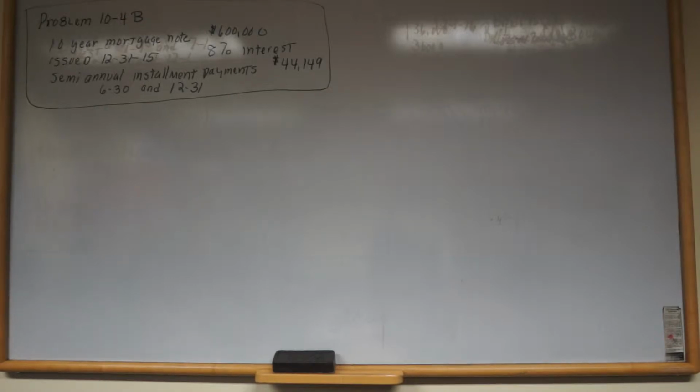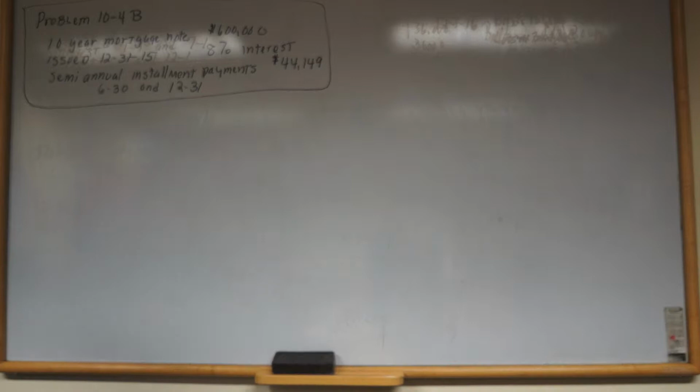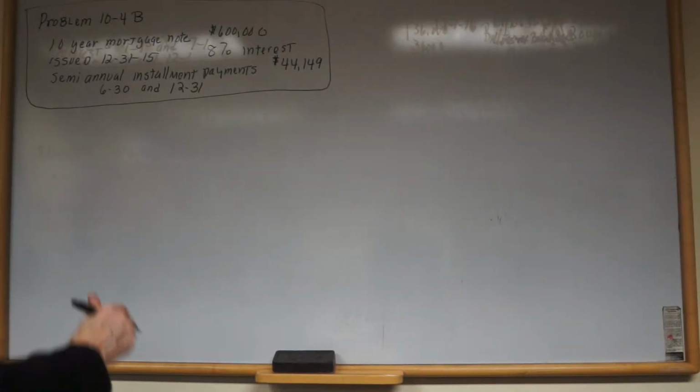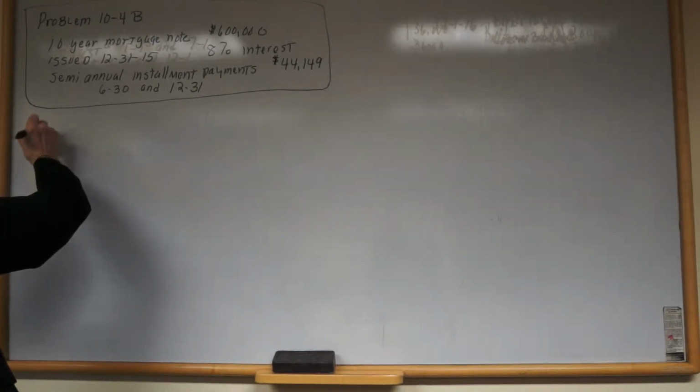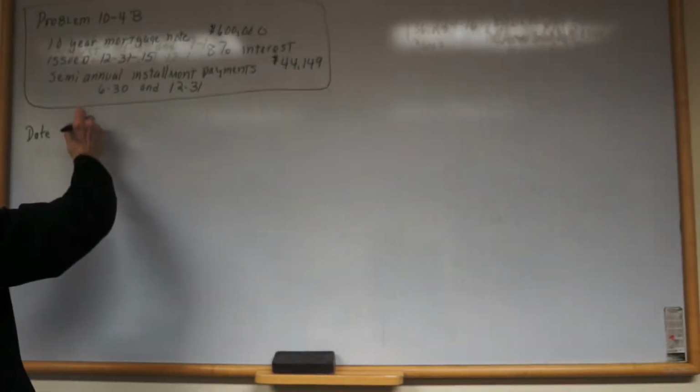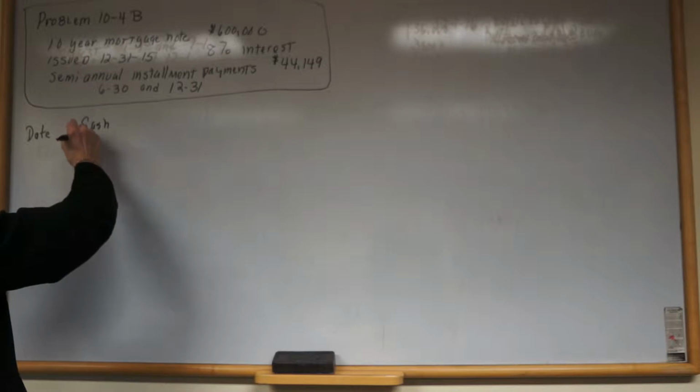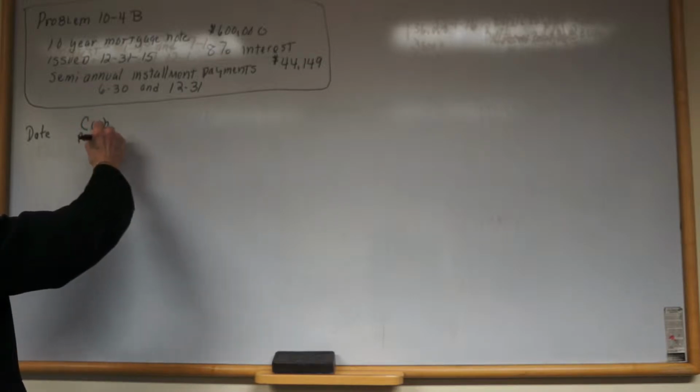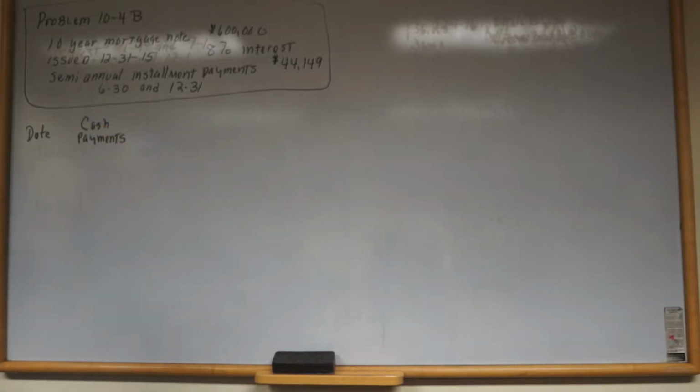Okay, so when you're setting up a schedule, the easiest thing to do is you start out with the date. Okay, so here's the date. We're going to want to have a column for cash payments, if any. And sometimes there will and sometimes there won't be cash payments. In this problem, we've got semi-annual installment payments.